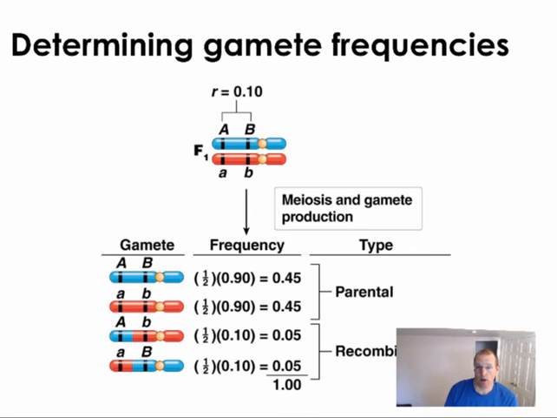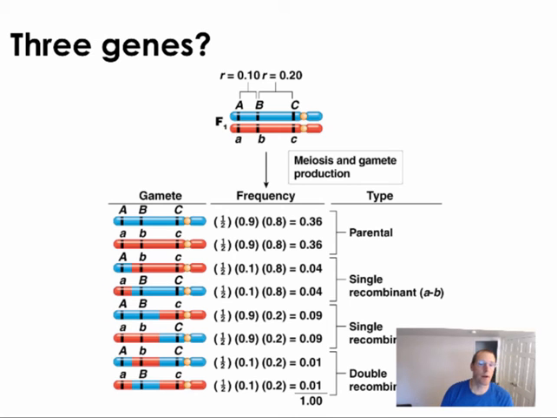In combination, that would sum up to 90% of the time. So we can use our map distances that we get from recombination frequencies to figure out what the proportions of parental and recombinant gametes would be, which is a neat little trick.